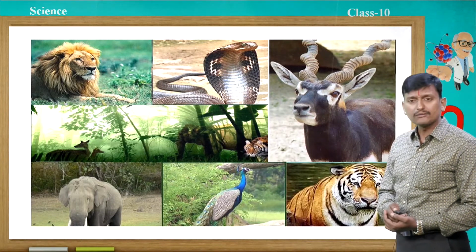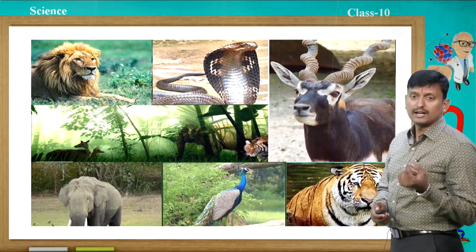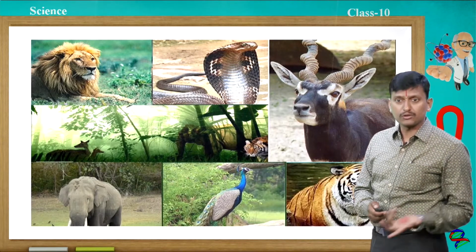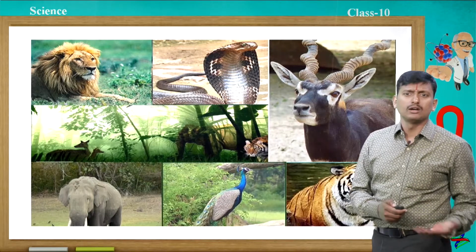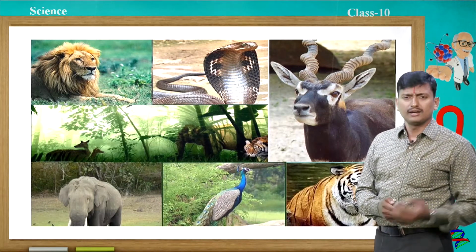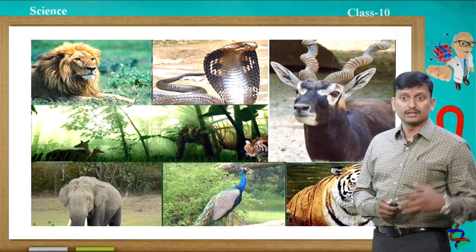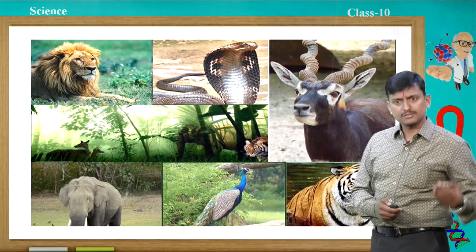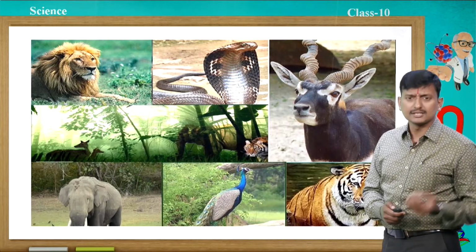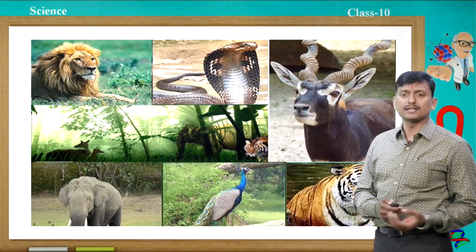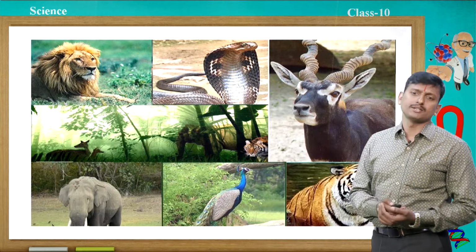They are a part of the food chain. If one animal vanishes from the forest, the entire system will go on vanishing. So keep in mind, in the environment, nothing is great and nothing is very small. Each and every animal is important because it plays its own part in the environment.